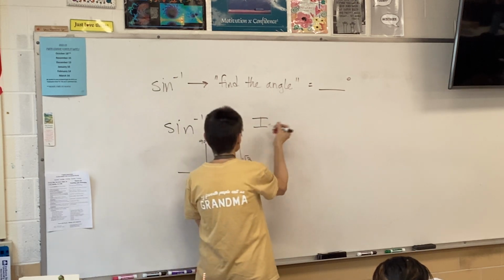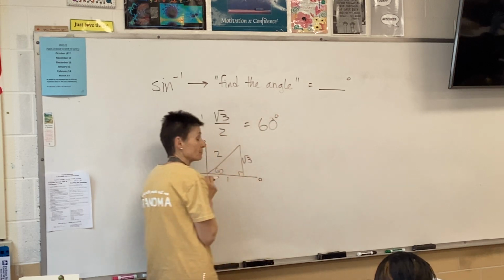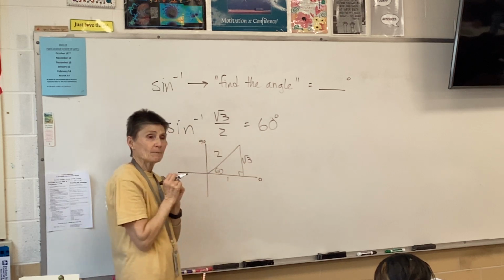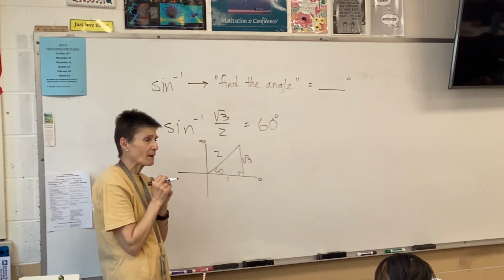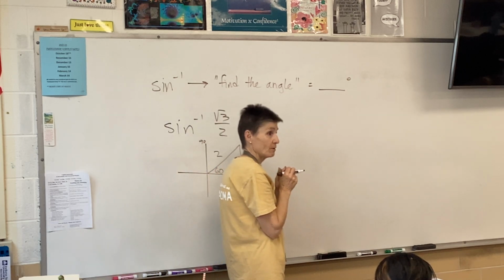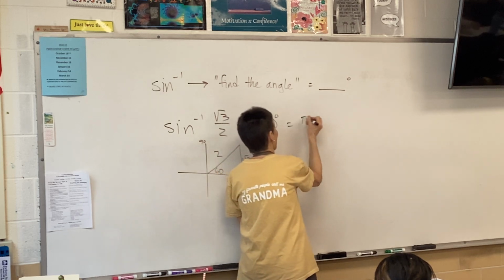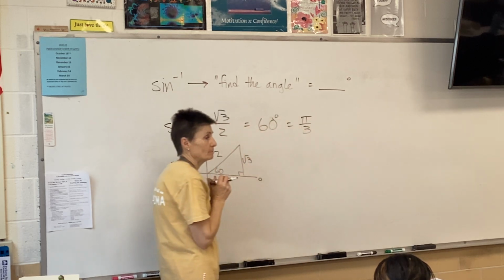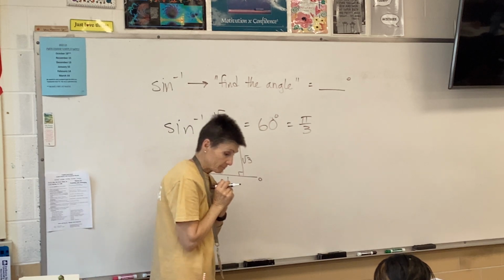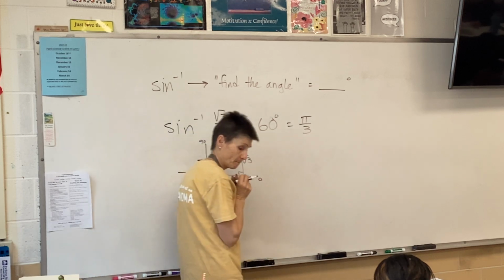So the answer to the question is 60 degrees. Oh shoot, I'm going to have to change 60 into radians, but I can do that. 60 is pi/3. It's a third of 180, so it's going to be pi/3. Well, that's pretty easy. Let's look at the next one.